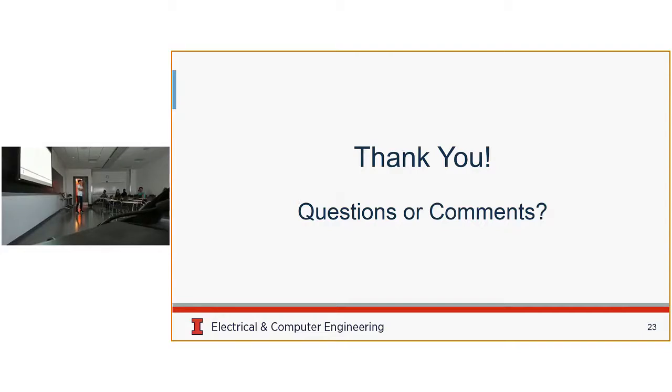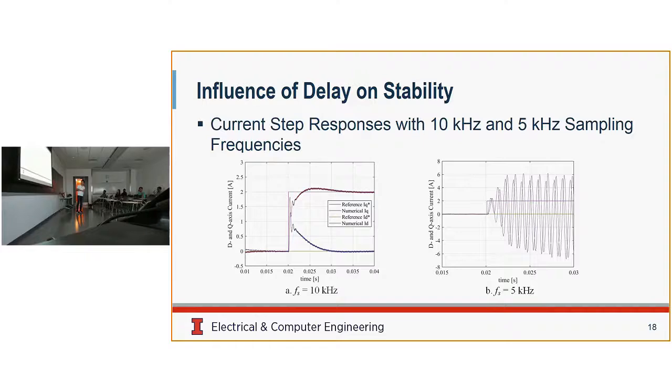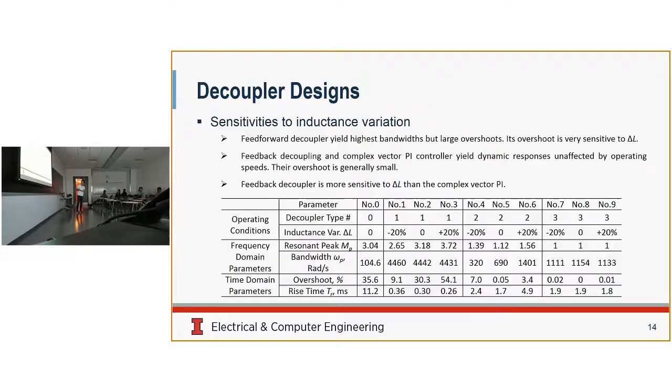Yes, those are all very good questions. The first one, this comparison, I will say, from the inductance sensitivity perspective, the complex vector PI is the best among the three of them.